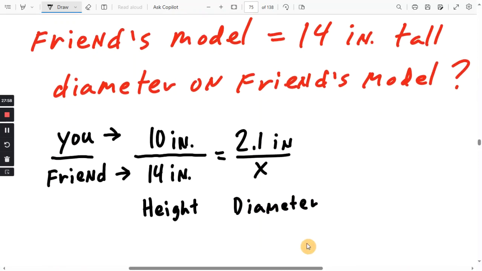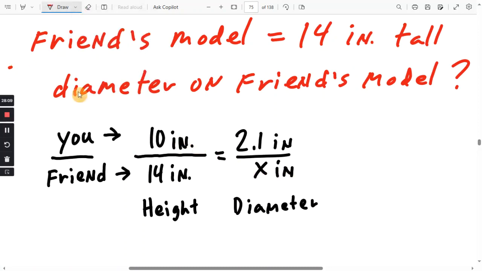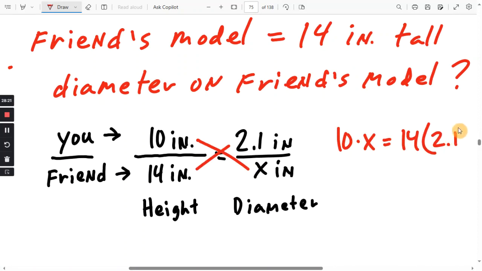And from there, it's easy. All the units are in inches, so X is also going to be in inches. If you cross multiply, I'll do it in a different color. 10 times X is going to equal 14 times 2.1. Solving for X, the opposite of times 10 is divided by 10.